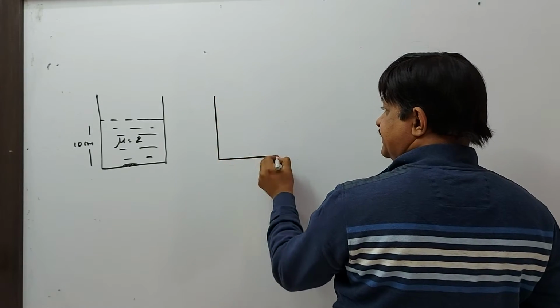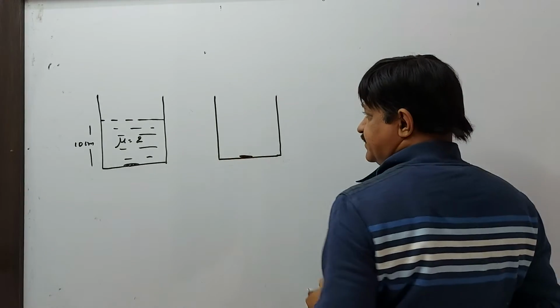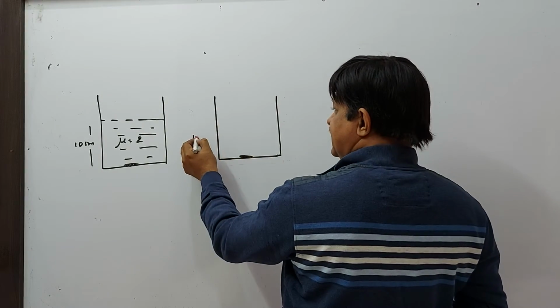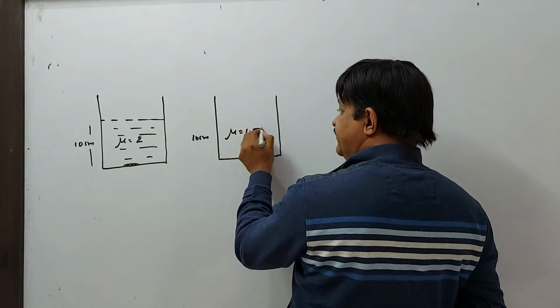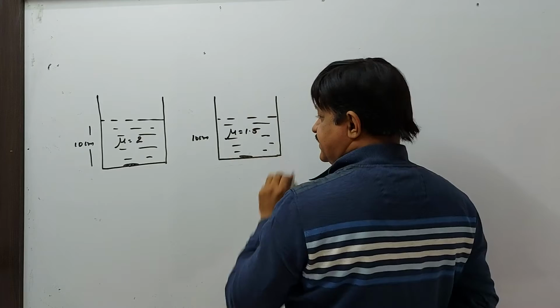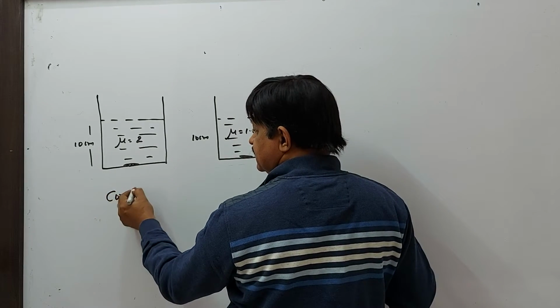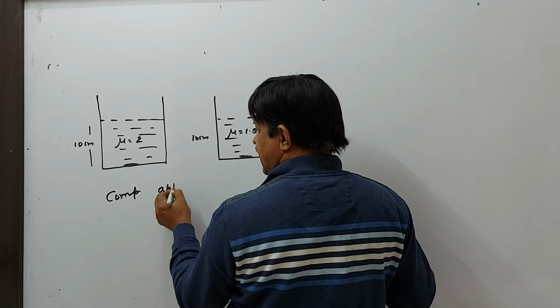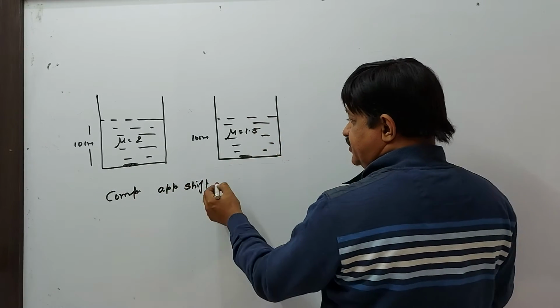Same glass, same scratch, 10 centimeter, but this time this must be of 1.5 refractive index filled to this. Compare apparent shift in position.